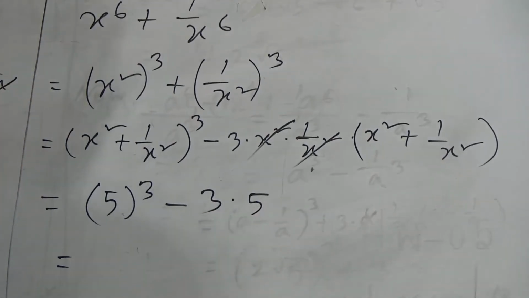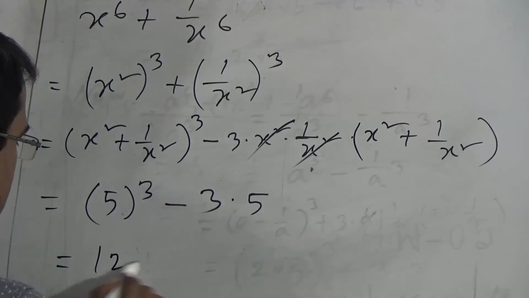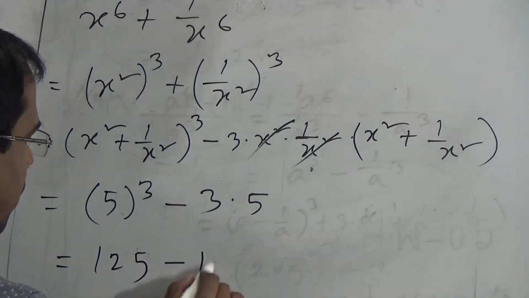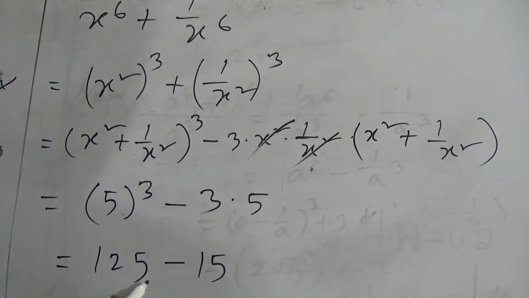Now 5 cube means 5 multiplication 5 multiplication 5. That means 5 5s are 25 and 5 25s are 125. 125 minus 15. This is equal to 110 and this is the answer. Answer 110.